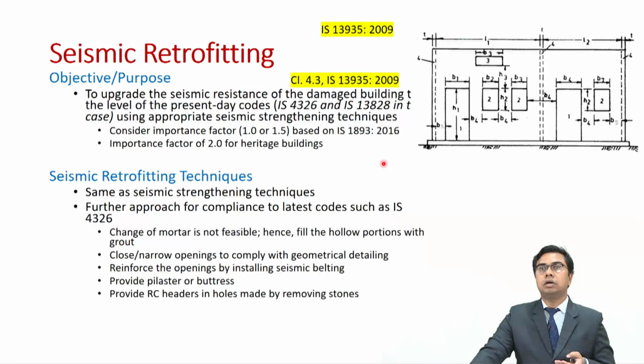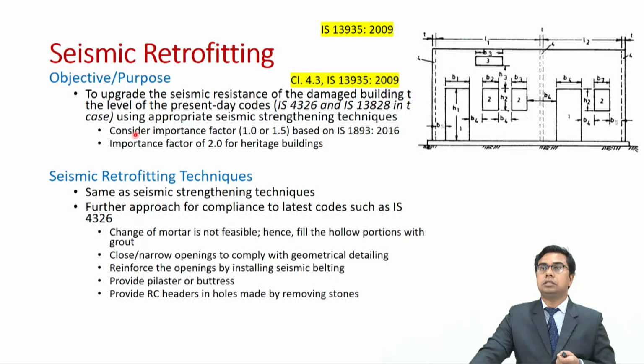Now, let us look further into seismic retrofitting, where our objective or purpose is a little higher, that is, we want to upgrade the seismic resistance of the damaged building to the level of the present day codes IS 4326 and IS 13828 in this case, using appropriate seismic strengthening techniques.